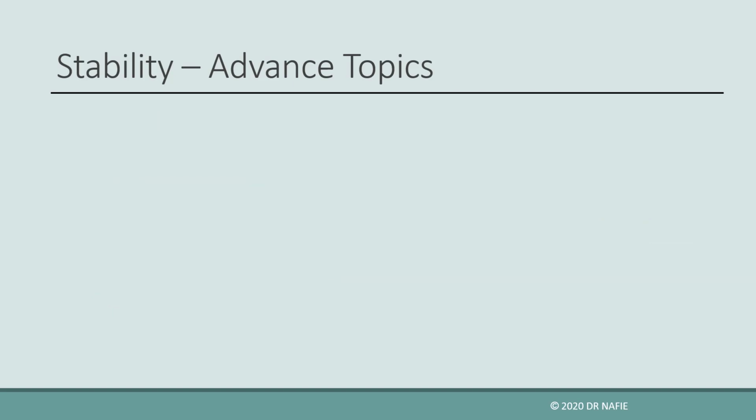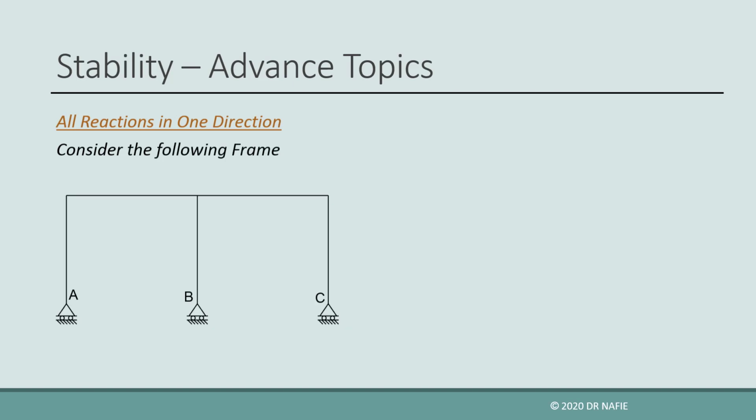Now let us look at another case. When all the reactions are in one direction, as shown in the following frame, any force perpendicular to that direction can cause instability irrespective of the number of reactions. The shown frame has 3 reactions in the vertical direction due to 3 roller supports.